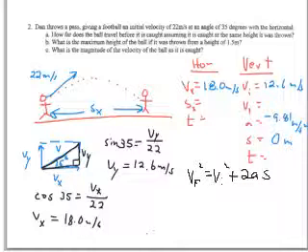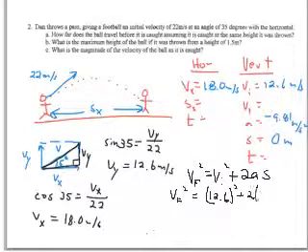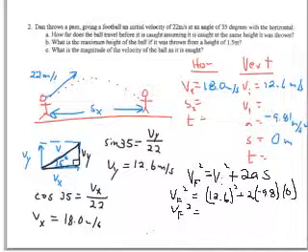If you plug in, V sub f squared, which is what we're looking for, equals V sub I squared, which is 12.6 squared, plus 2 times negative 9.8 times 0. Well, you simply get V sub f squared equals 12.6 squared, and 12.6 squared is 159. So then V sub f is just the square root of 159.